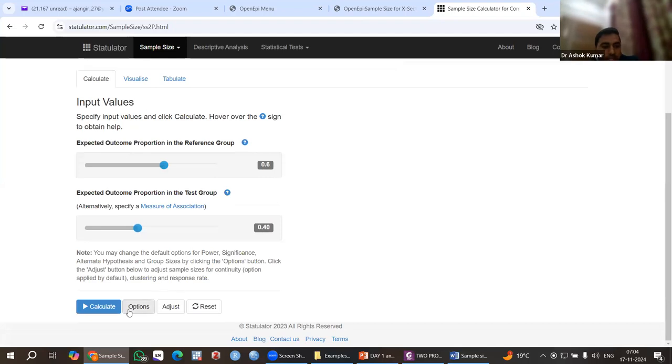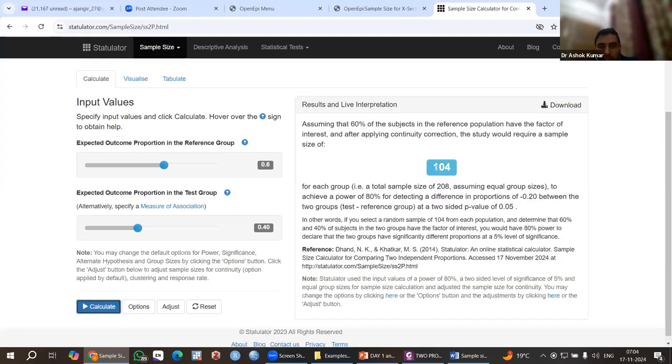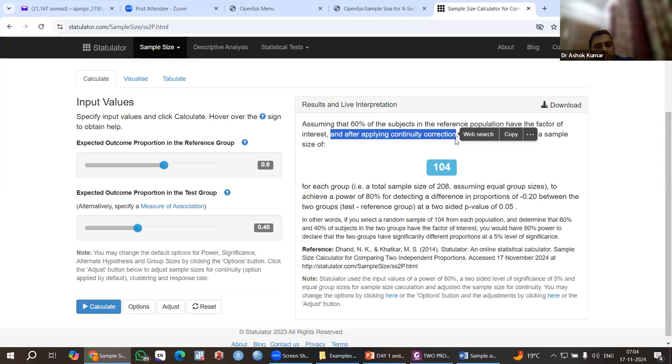Then there is an option. If you want to calculate sample size, before you click here, it is coming 104. But it is coming with the continuity correction. So what is continuity correction? No need to do. They are assuming that if there is any error, by continuity correction they are removing that error.